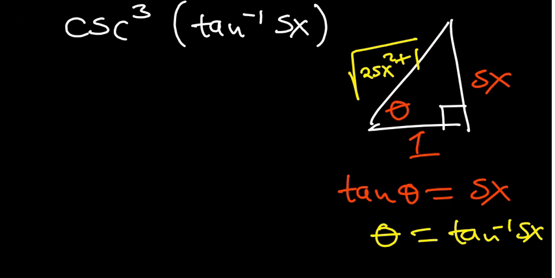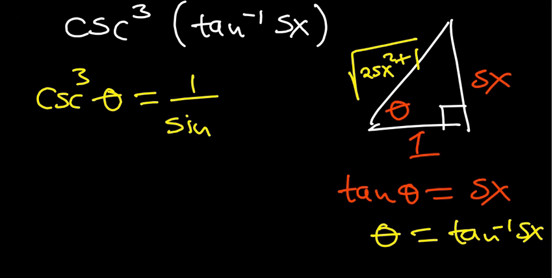So on our next step, now we have cosec cubed of theta. Now cosecant is 1 over sine, right? So it's going to be 1 over sine cubed of theta. Now we understand that sine theta is equal to opposite over hypotenuse.